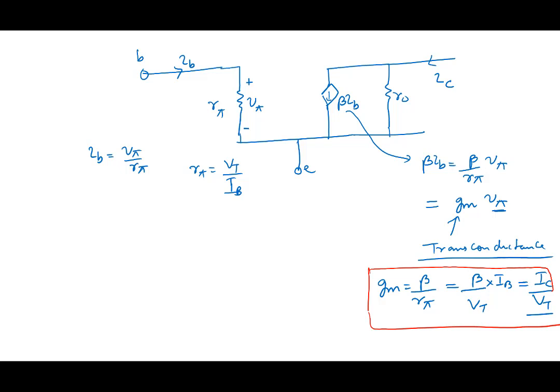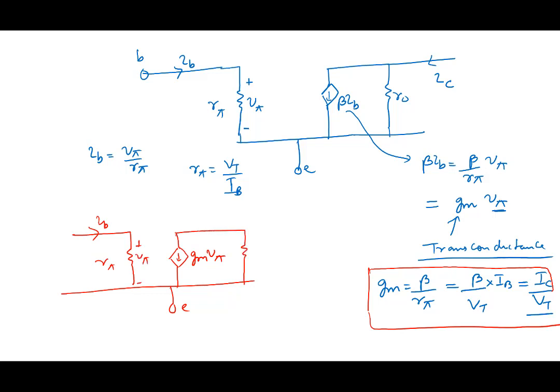So I can also write a small signal model of a diode or a BJT like this. Emitter, R pi, IB, and again a current source, but we write it in terms of gm V pi, where V pi we write it like this, and we put here R0.